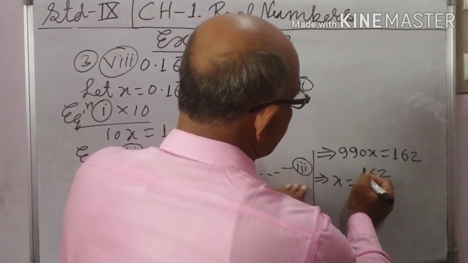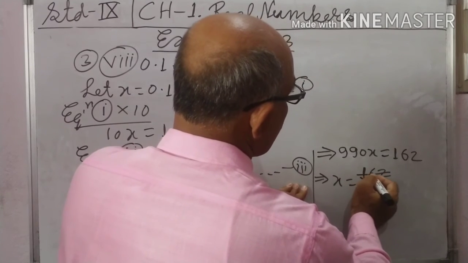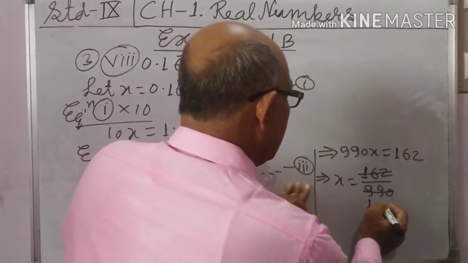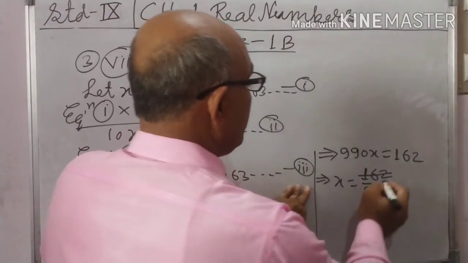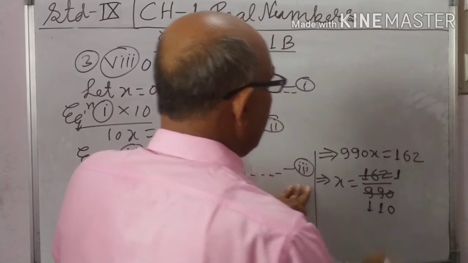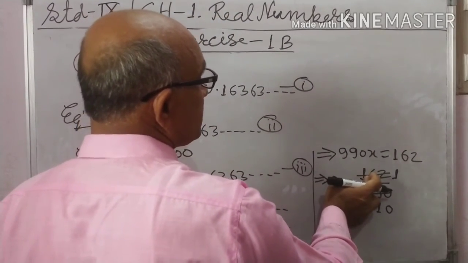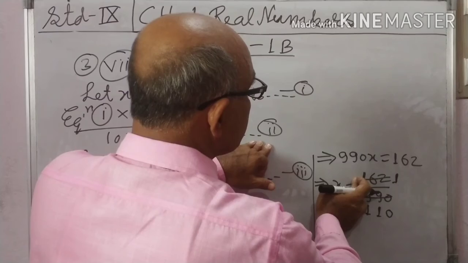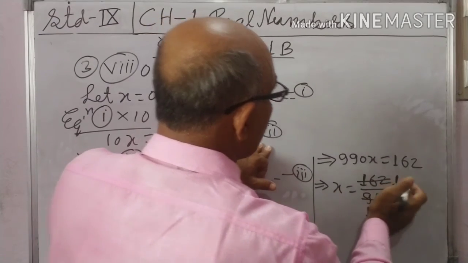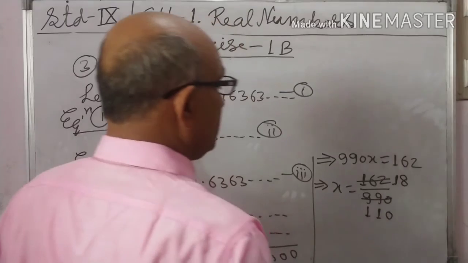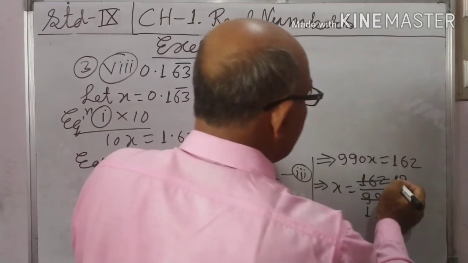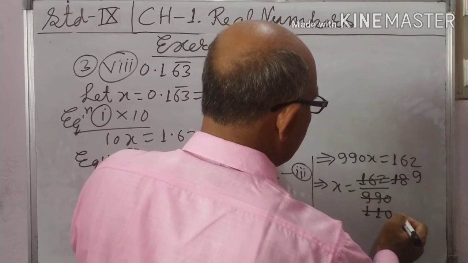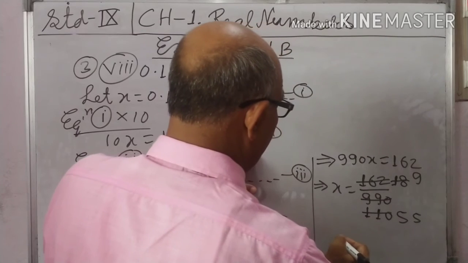Now simplify: 9 times 18 is 162, and 9 times 110 is 990. So 18 by 110. Now 2 times 9 is 18 and 2 times 55 is 110.